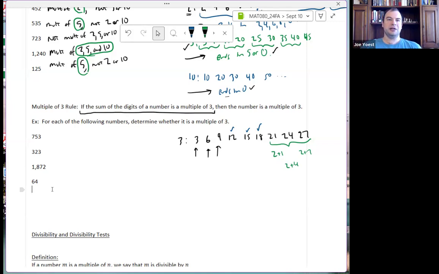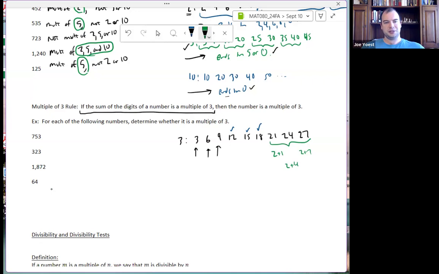On one hand, if my number is a multiple of 3, I will probably eventually find it that way, but it's pretty inefficient. If my number is not a multiple of 3, I'm not going to be able to find it by just picking multiples of 3. So I might spin my wheels for quite a while before I convince myself that it's not a multiple of 3. And again, I want something a little more efficient.